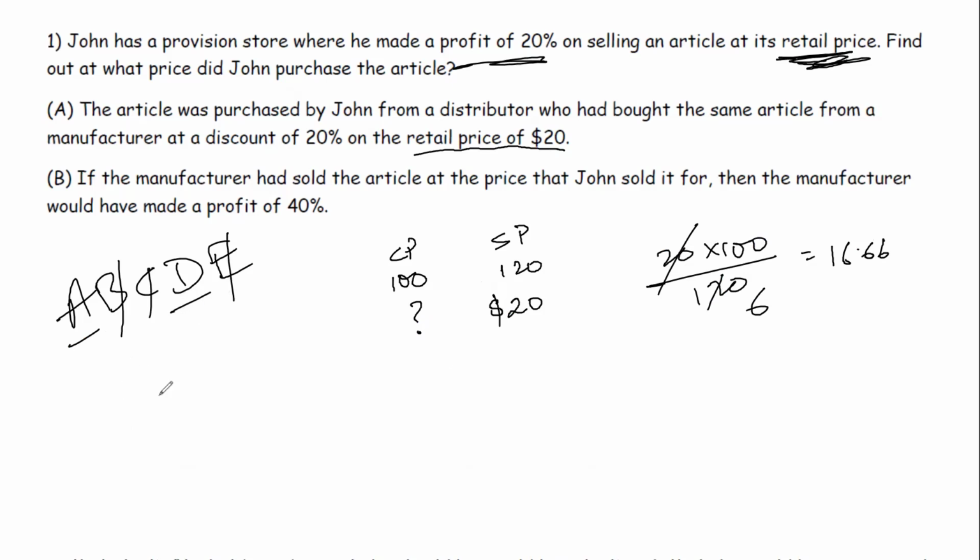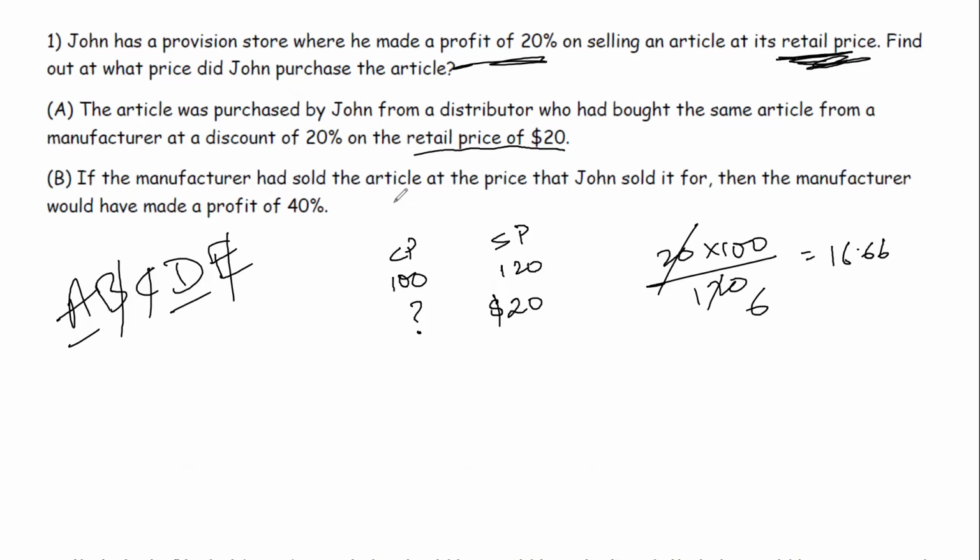Statement B: if the manufacturer had sold the article at the price that John sold it for. That means if the manufacturer had sold it at the retail price of $20, that we don't know. We cannot take any information from statement A when looking at statement B. So we have to assume that we don't know the retail price.